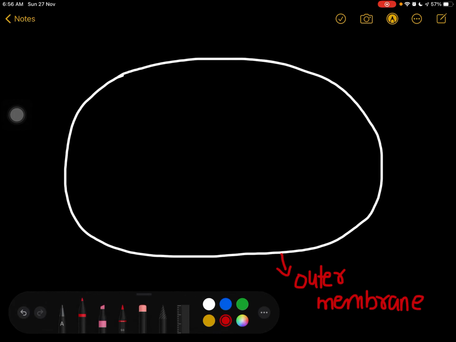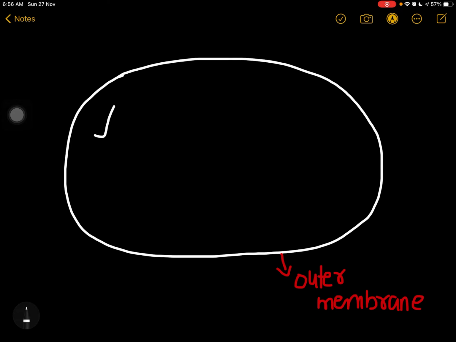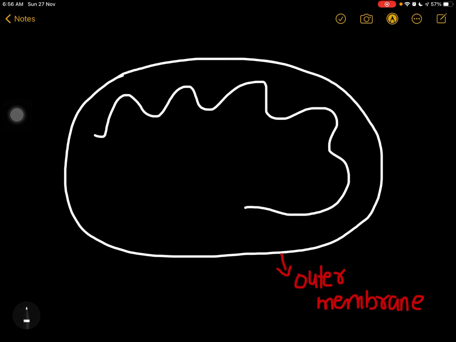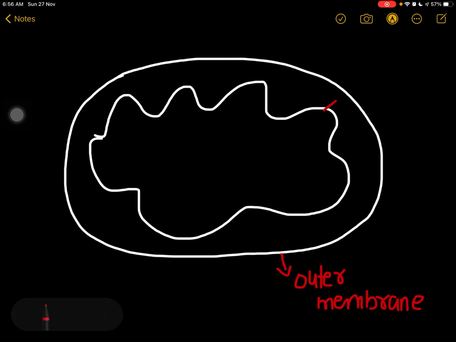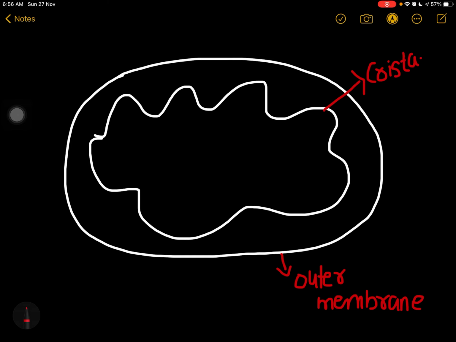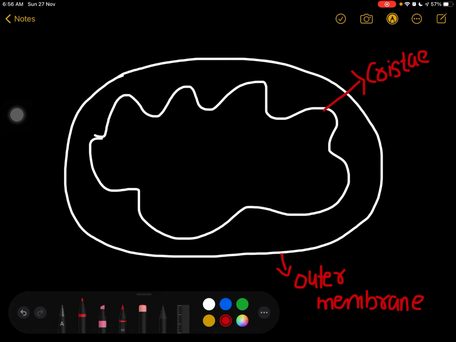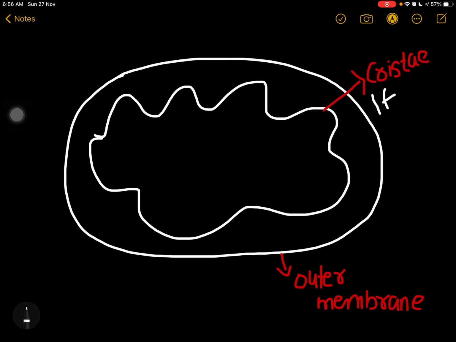Here we are having finger-like projections known as cristae. I'm not good at drawing, but these are something like this. These are known as cristae, the finger-like projections.